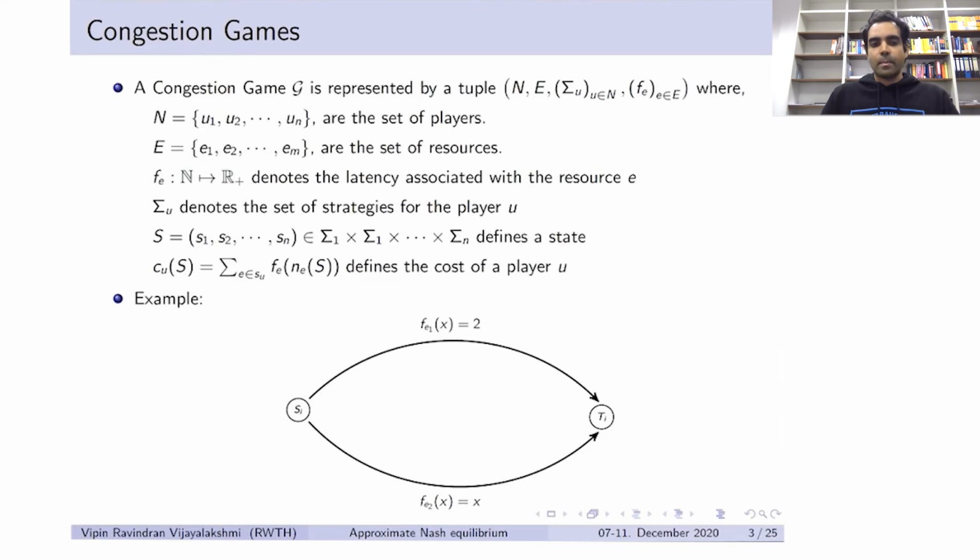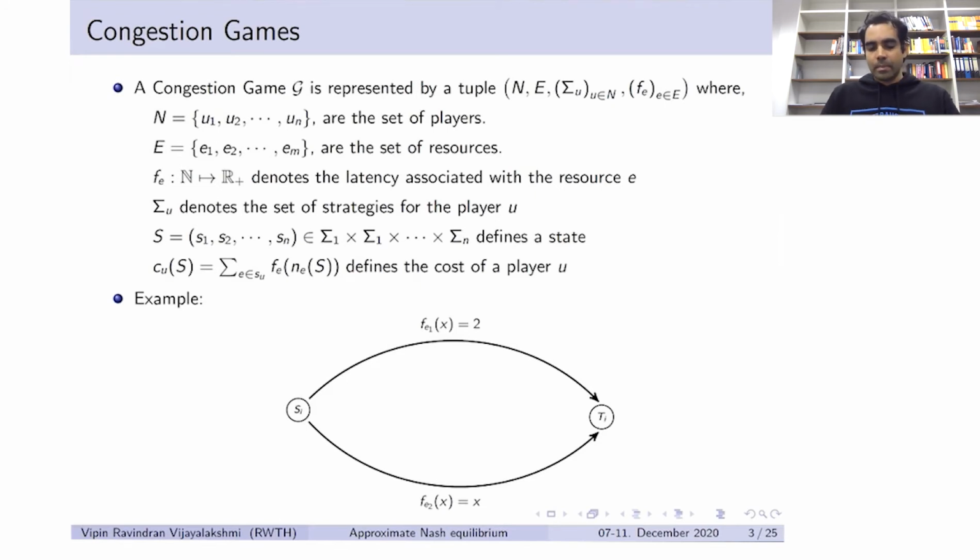Every player has a bunch of strategies, where each strategy consists of a collection of resources. A state in a game is basically the collection of the strategies used by all the players at any given point in time. The cost of a player u in any given state S would then be the sum of the costs of all the resources used by that player. Now remember, the cost of a resource depends on the number of players on that resource.